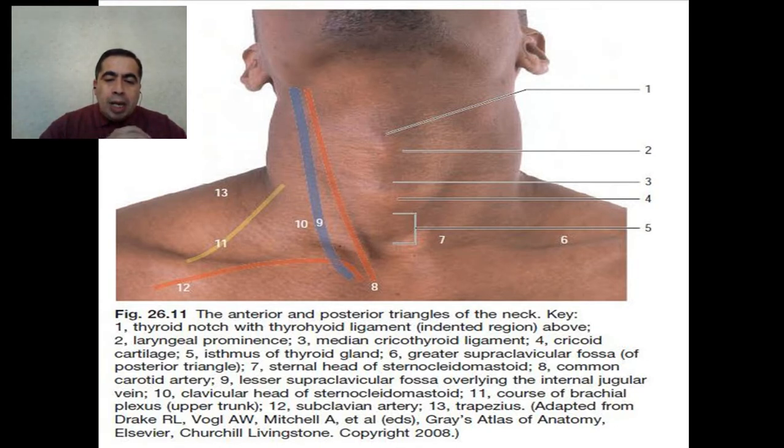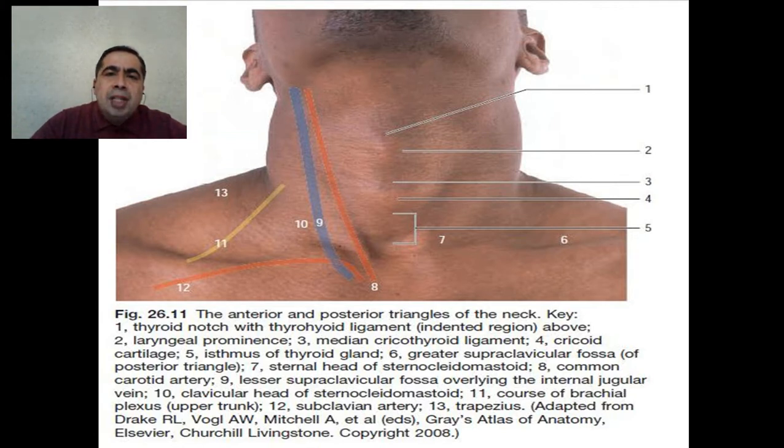The 7 explains the sternal head of the sternocleidomastoid muscle and the projection of the common carotid artery. A very important artery, as you know from the course of the angiology. The left common carotid artery begins from the aortic arch.